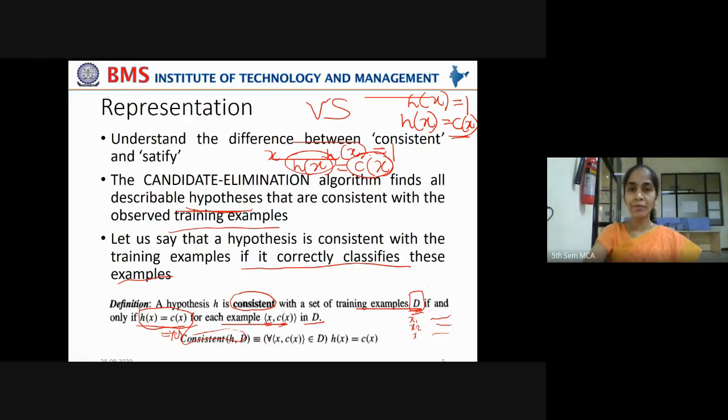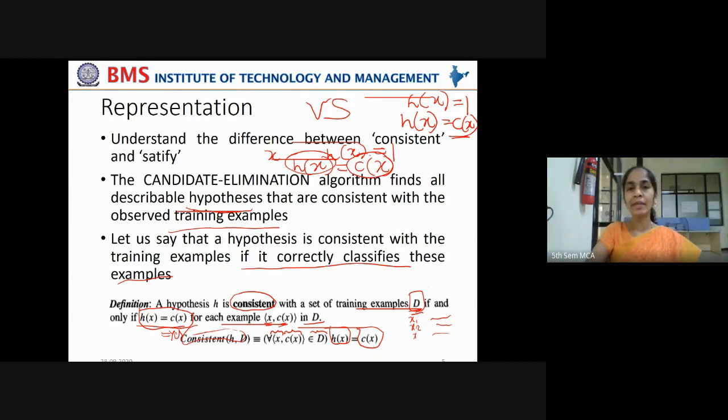That is equivalent to, how is it defined? How do you define consistency of H with D? For every training example and its target label that belongs to the set of training examples, meaning a valid training example, H of X, the hypothesis, should be in accordance with the concept being learned by the machine.